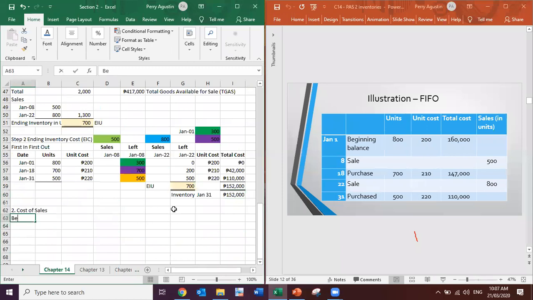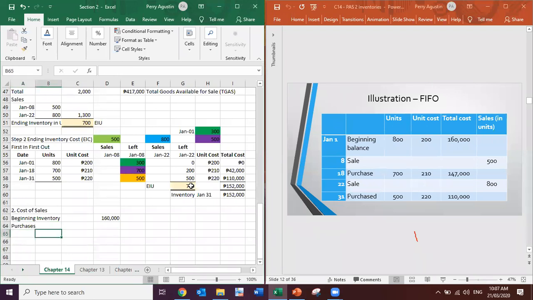So let's now compute our beginning inventory. Beginning inventory. How much is our beginning inventory at cost? Beginning inventory is 160,000 here. Where did I get this one? I got it from the table. All right. So 160,000 here. Then we have our purchases.